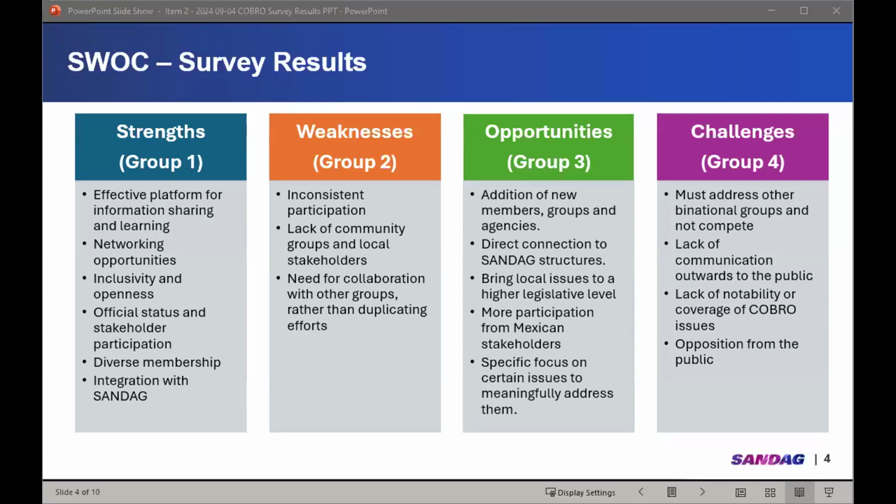And I think after COVID-19, a lot of folks perhaps retired or left, whether it was SANDAG, Caltrans, ICTC, or some of our local partners and our Mexican partners.